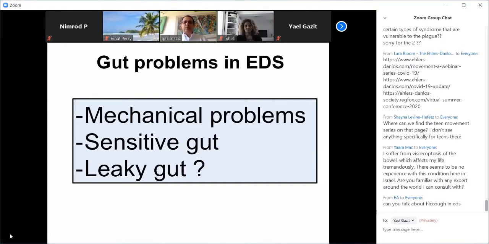And there is a possibility that the gut is a bit more leaky in EDS patients. There's a question mark about that, but certainly from what we see, we tend to make this deduction that there may be increased leakiness in the gut, and I will explain all of this in the next few slides.